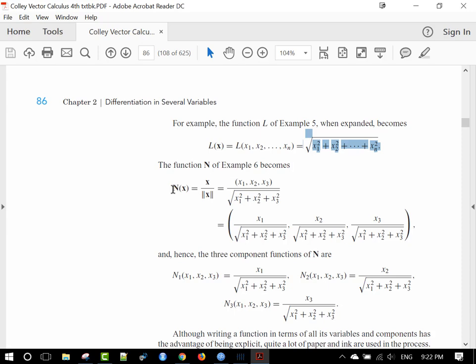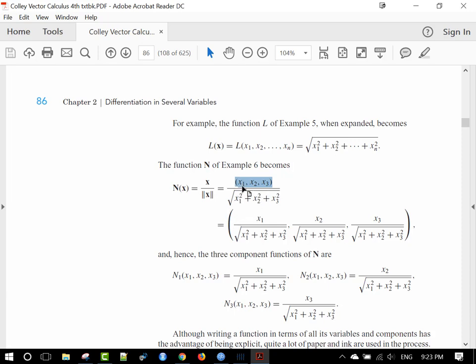But let's try this one. So this was start with x and get a unit vector in the same direction as x. We did this part. We did this already. And basically, x is now expanded like that. And then the norm of x is written like this. So we get that, which can also, of course, be written.